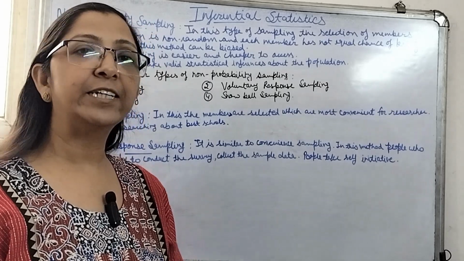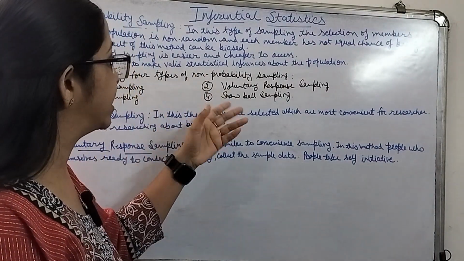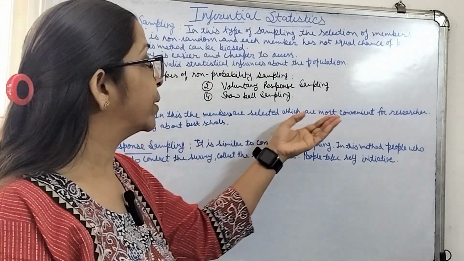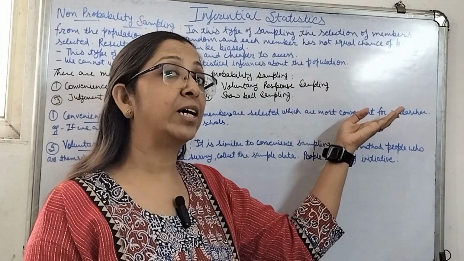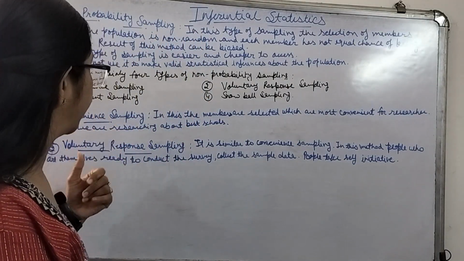We select those persons only. That's the reason our result will be biased. It won't be a proper result, because the most convenient persons are selected. So this is convenience sampling.